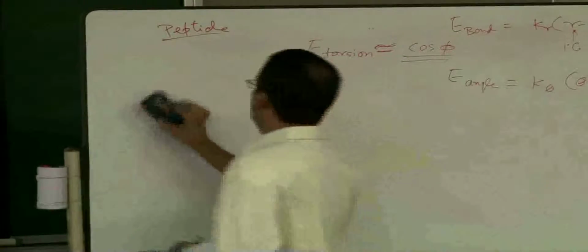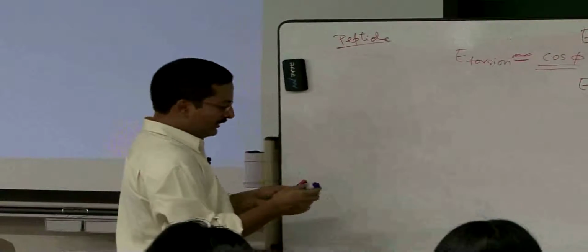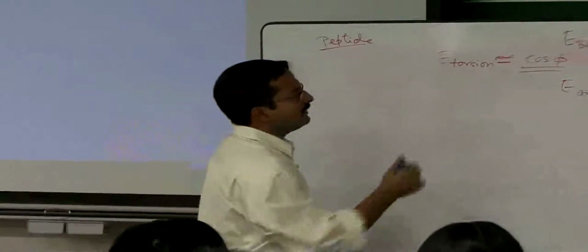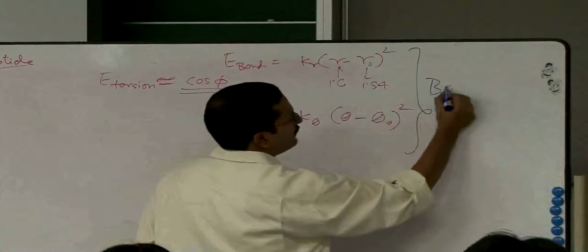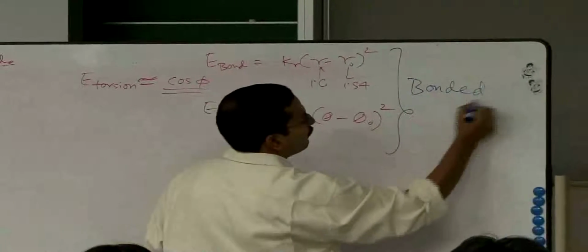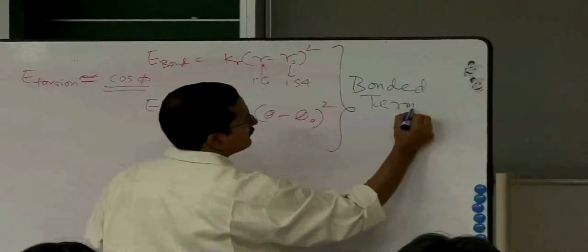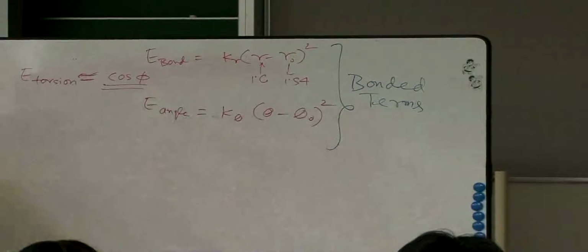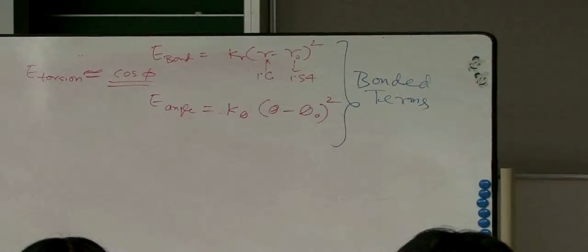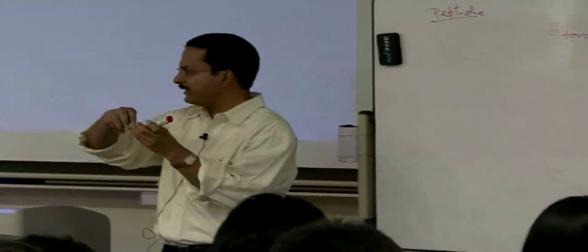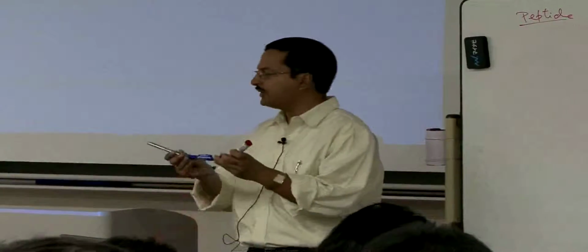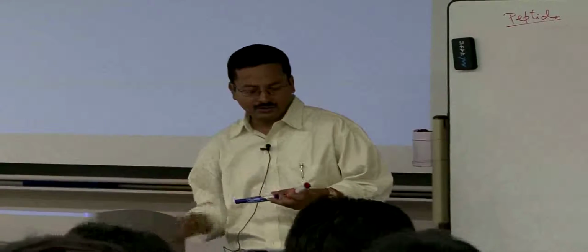Okay. So we have learned 3 terms till now, and these are called bonded terms. Bonded means the atoms are bonded to each other. In the bond case, 2 atoms 1, 2, angle case 1, 2, 3, and torsion case 1, 2, 3, 4, all are bonded.